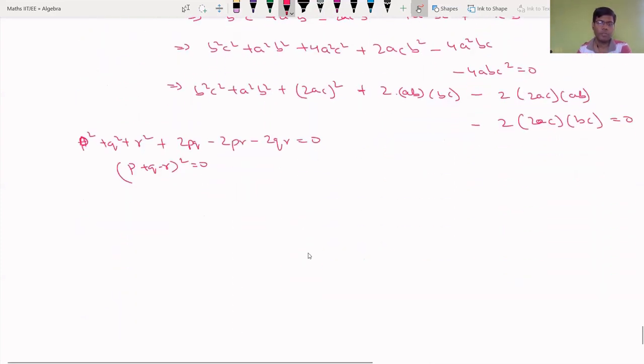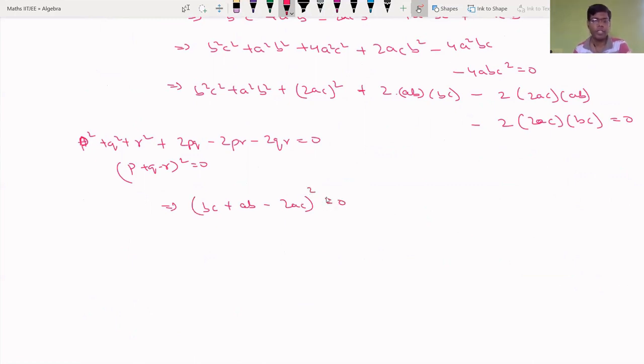So using this property in this particular equation, let me remove the squares. I will get (bc plus ab minus 2ac) whole square is equal to 0.